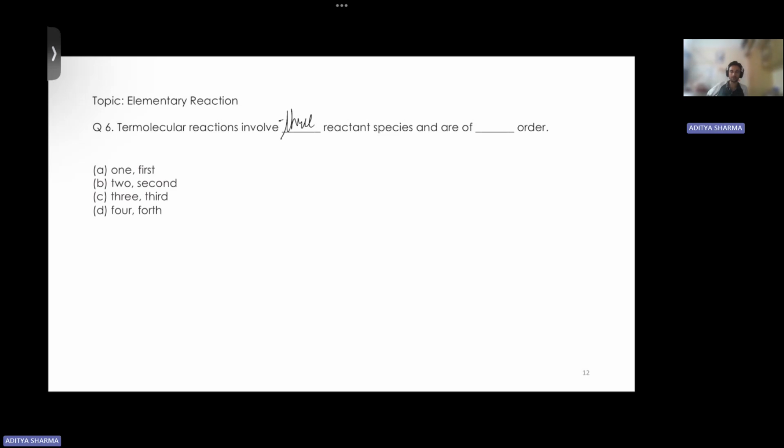And what will be the order of these reactions? The order will be third order. Okay. So if you see your options, your C option is the correct answer to this question.